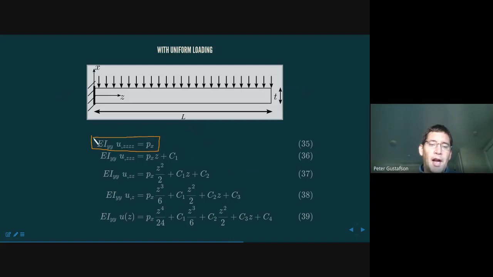So for a constant cross section with constant material properties in the beam, in this two-dimensional problem with one-dimensional deflection, the beam theory equations simplify to being just this fourth-order differential equation, with the right-hand side, P of x, being the distributed load.